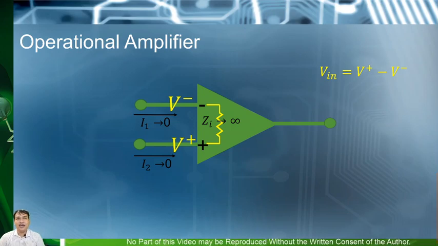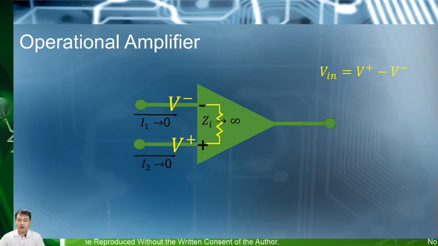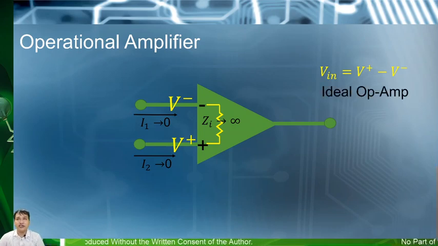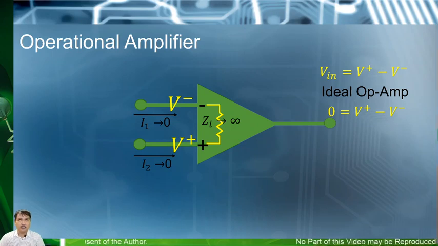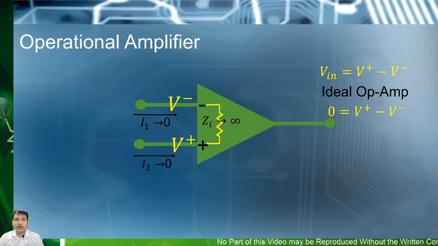In terms of circuit analysis of the operational amplifier, usually we approach this with an ideal model, or ideal op-amp. When we say an ideal op-amp, we assume our input voltage Vin approaches 0. So 0 equals V plus minus V minus.